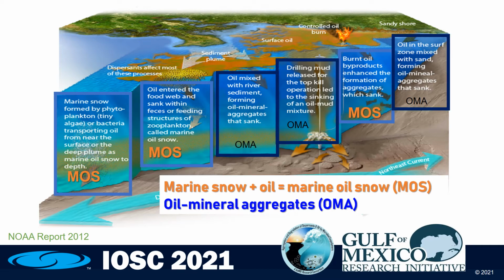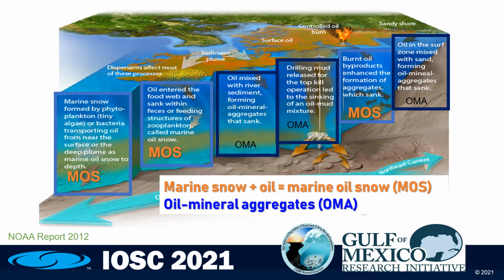There are also oil mineral aggregates which form by similar processes, but usually rather than having microbial community members acting as a ballast, we instead have mineral particles which come in from riverine inputs or, in the case of the Deepwater Horizon spill, as a result of drill mud being applied to try and cap the spill entering the ocean.